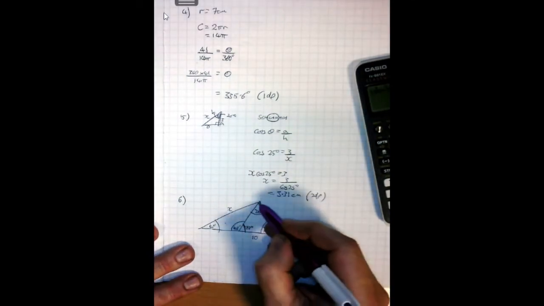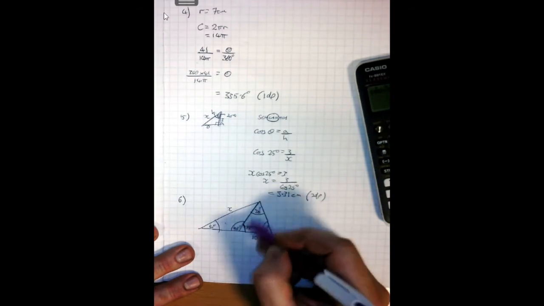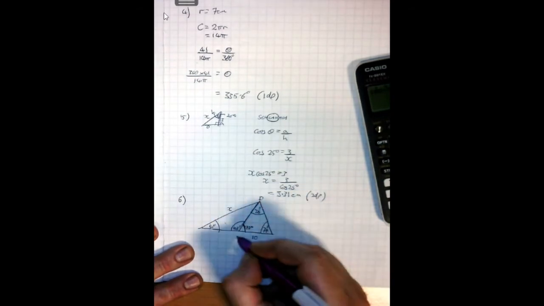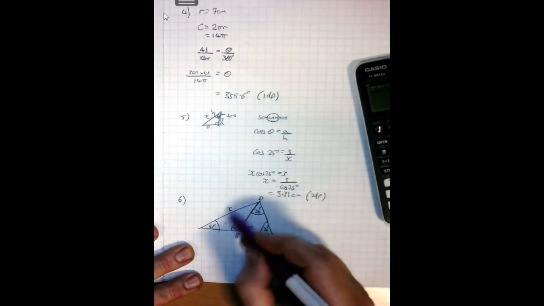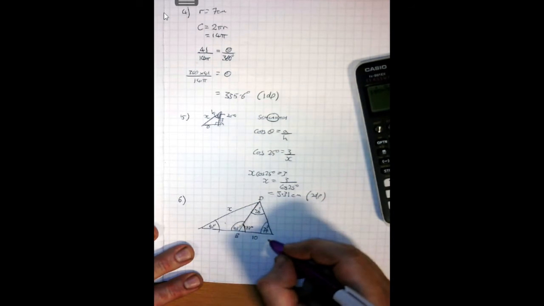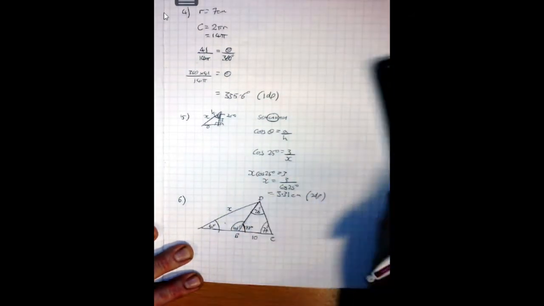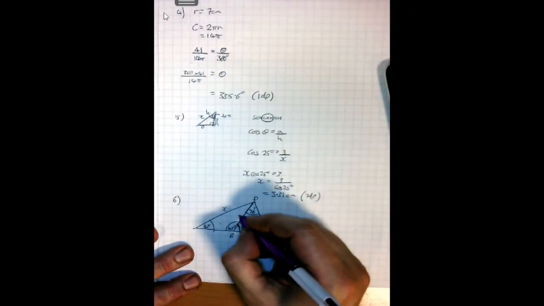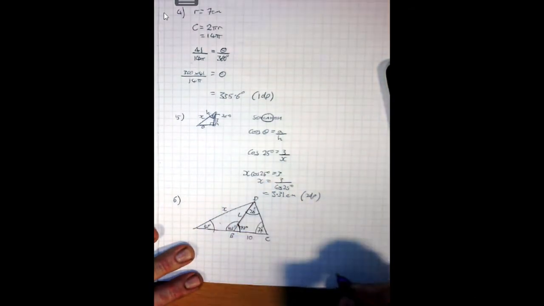I haven't got enough information to solve this little triangle yet, but if I find this side, if I find DB, I can use the sine rule here. So I'm going to find DB in the small triangle.